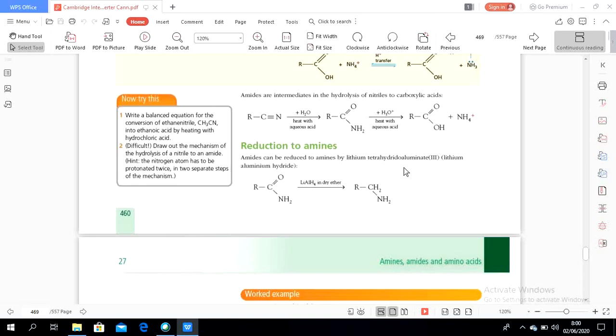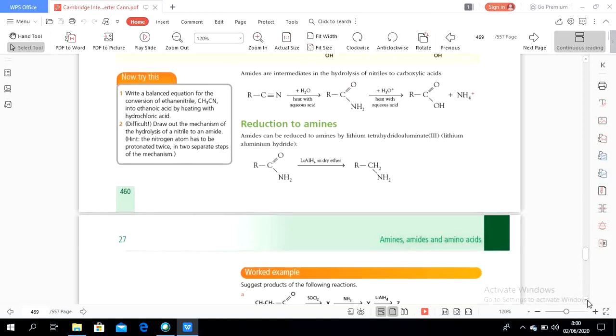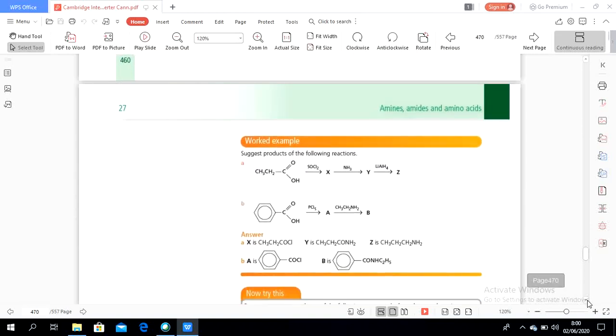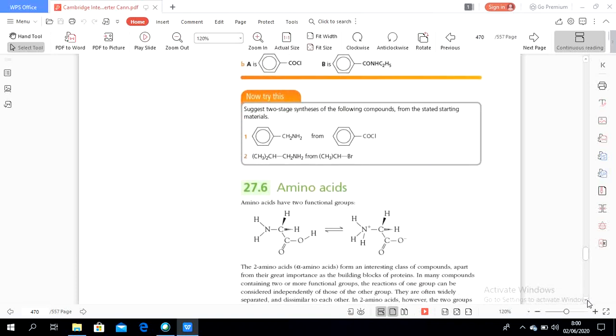Amides can be reduced to amines by lithium tetrahydroaluminate. Okay, so an amide with lithium tetrahydroaluminate in dry ether will become an amine. Next, please remember the hydrolysis and oxidation and reduction of amides.